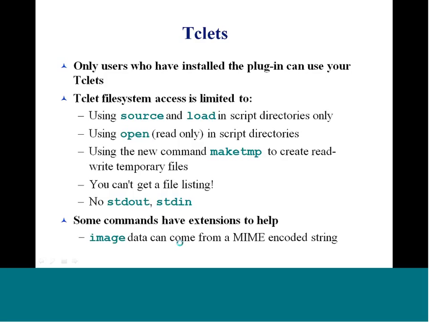And then using the new command make temp to create a read write temporary directory. So that's the bottom line, you can use only these kinds of things. And then you cannot get a file listing, and there is no standard in. Some commands have extensions to help, for example the image data can come from a MIME encoded string.